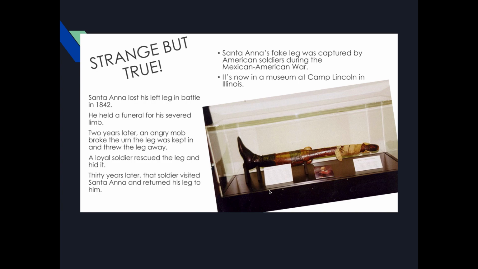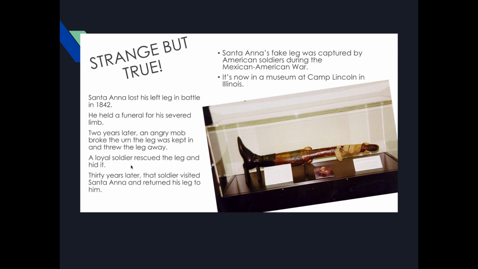Here's a really weird, strange fact that I'm going to read to you. General Santa Anna lost his leg in battle in 1842. He held a funeral for his severed limb, which is really weird. Two years later, an angry mob broke the urn the leg was kept in and threw the leg away like it was garbage.